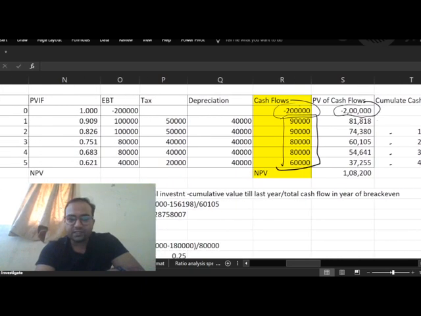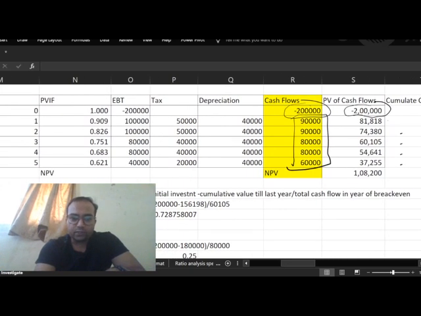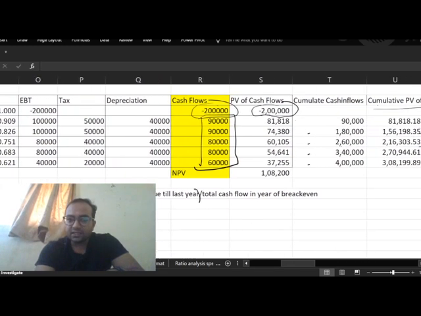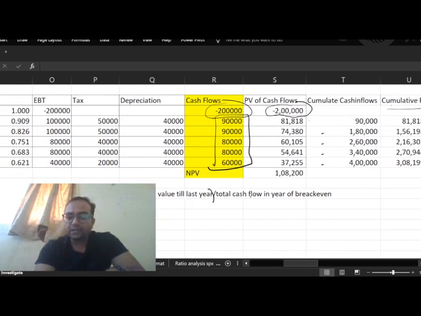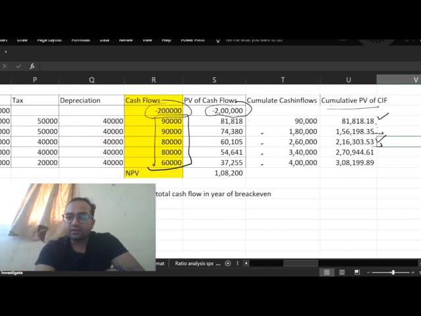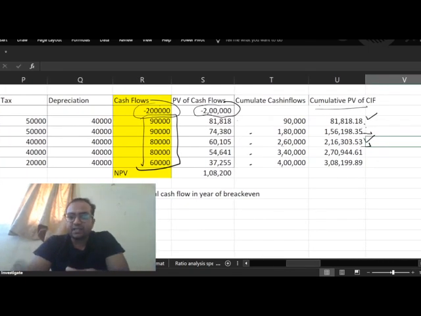Okay, so 1.56 lakh recovered at the end of 2 years. So 2 years plus initial investment minus cumulative cash inflow value till last year, divided by total cash flow in the year of break even. So break even means the year in which we have our discounted payback.